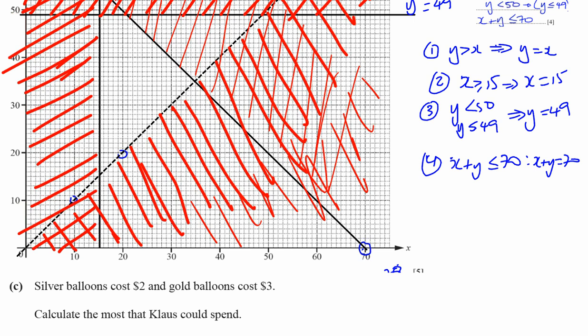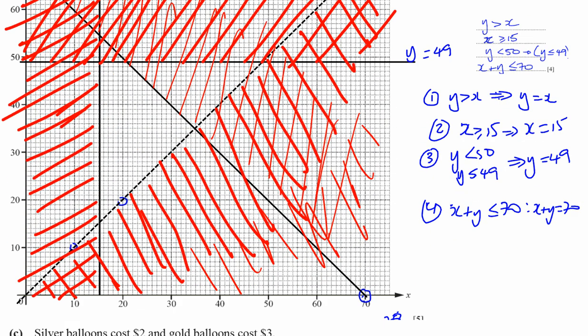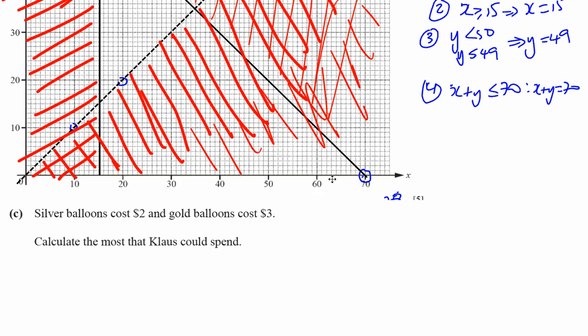And if you remember, if we just go back and make sure, silver balloons was X and gold was Y. So we know that silver balloons are X, and gold balloons are Y, the number of gold balloons.